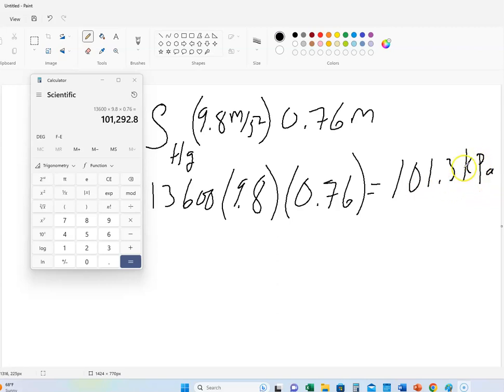So it would be 101.3 times 10 to the third pascals. So that is what one atmosphere of pressure is. One atmosphere is the equivalent of 101.3 kilopascals. All right, so there's a few problems with pressure and density.